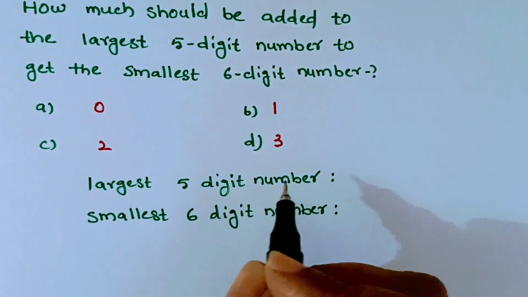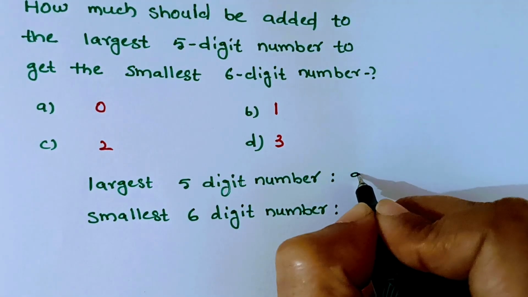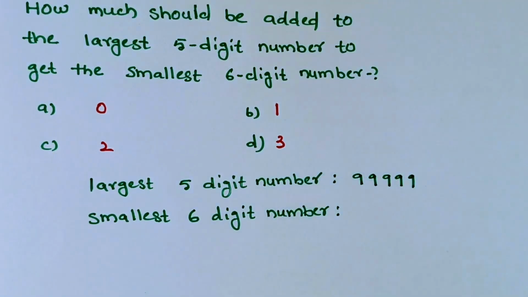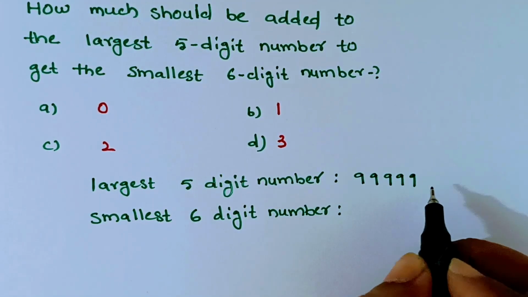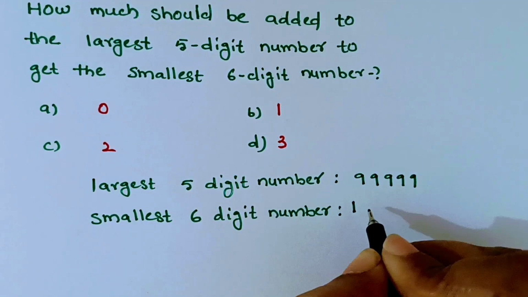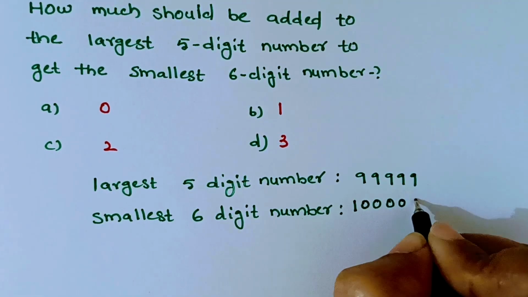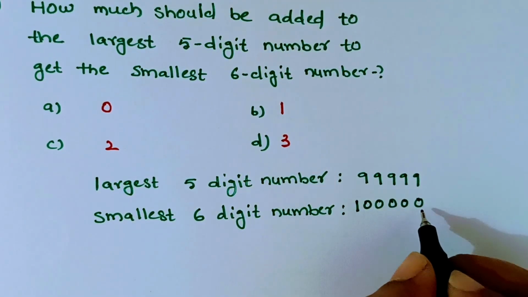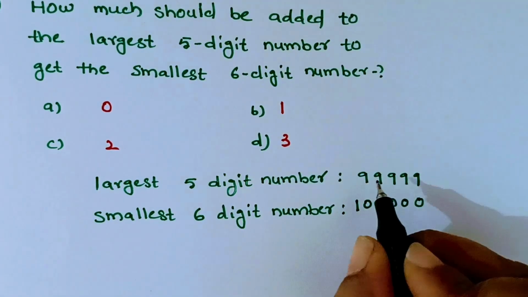The largest 5-digit number has 5 digits, all 9s. So the largest 5-digit number is 99,999. The smallest 6-digit number is 1, remaining all zeros. Read this number: ones, tens, hundreds, thousands, 10,000s, 1 lakh.